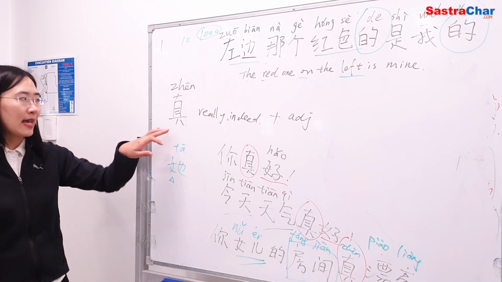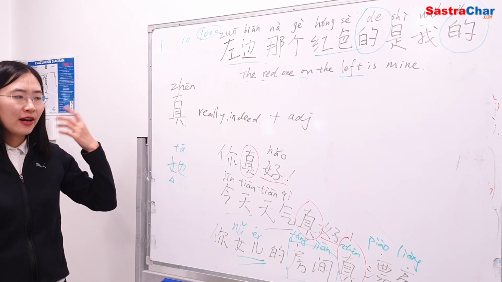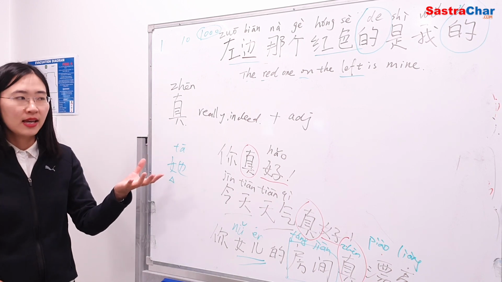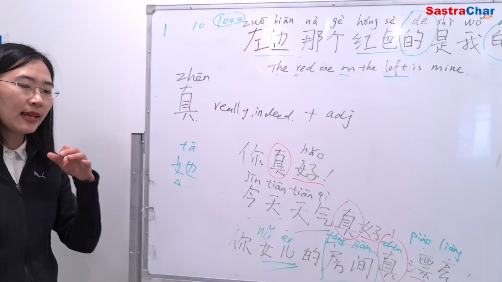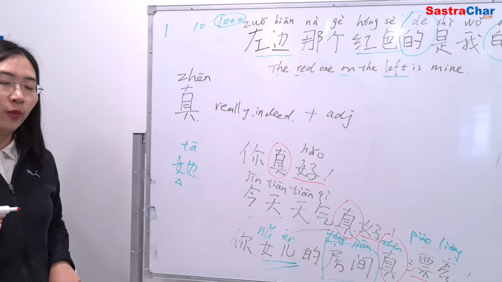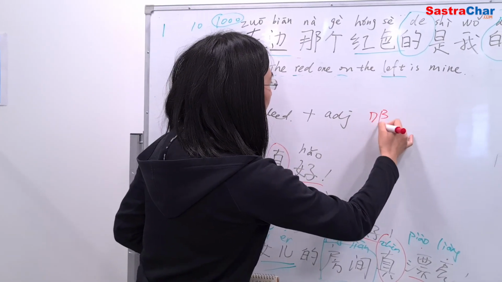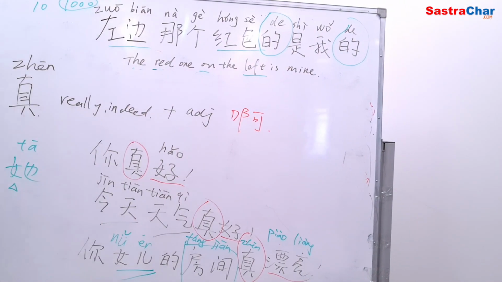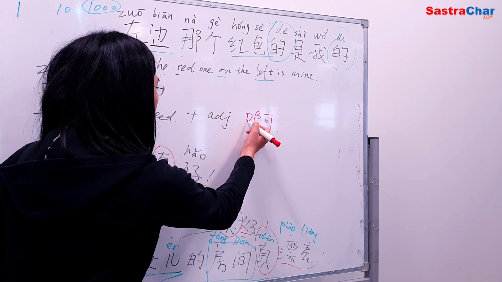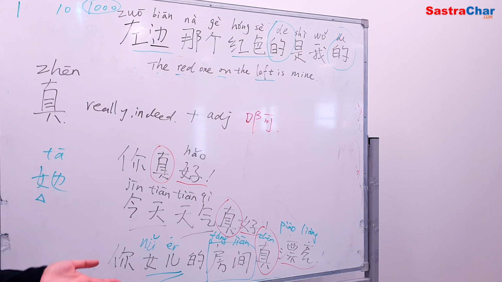So when you say 真, it means you are in a very highlighted mood. Yeah, you want to exclaim something, right? So when I say you want to exclaim something, what other words can you think of? You might probably think of this one, 啊. Right? It is an exclamation word used at the end of a sentence to indicate that you are either surprised or you are in a really good mood.